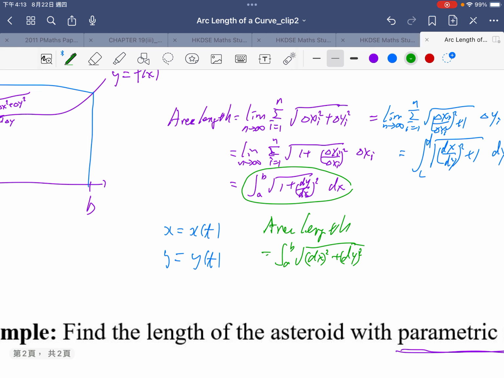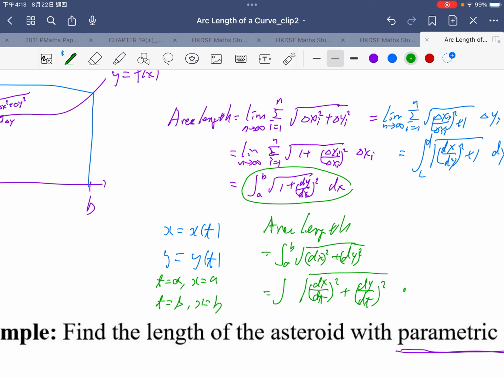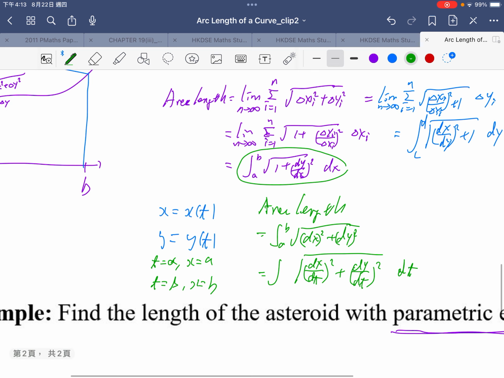Suppose when t equals alpha, x is equal to a, and when t equals beta, x equals b. Then we change this format to the square root of (delta x over delta t) all squared plus (delta y over delta t) squared, and for the outside, we have delta t.